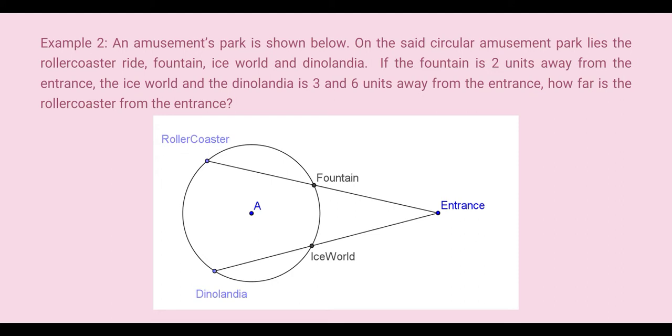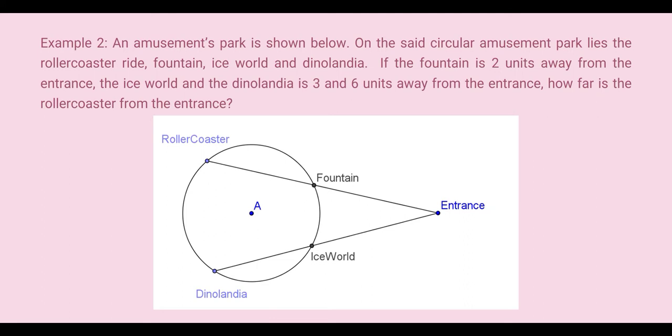If the fountain is 2 units away from the entrance, the ice world and the Dinolandia is 3 and 6 units away from the entrance, how far is the roller coaster from the entrance? Using the given below, we have a circle intersected by two secant segments, so we're trying to find how far the roller coaster is from the entrance.